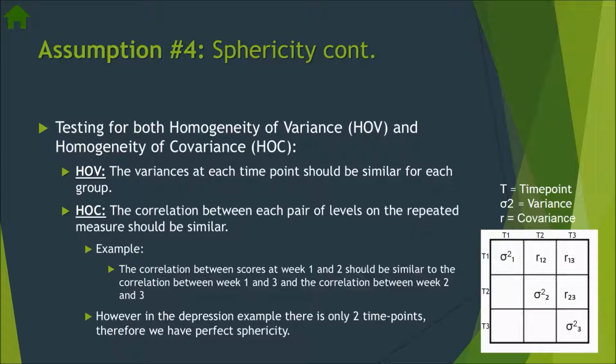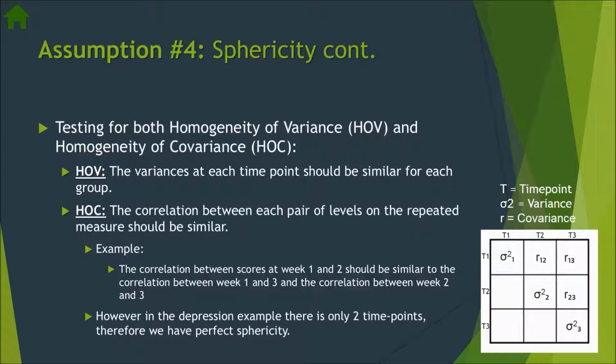Now, homogeneity of covariance is that the correlation between each pair of levels on the repeated measure should be similar. So, in this box on the right-hand side here, I've tried to illustrate how sphericity works.